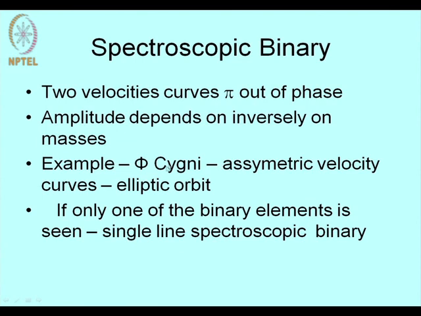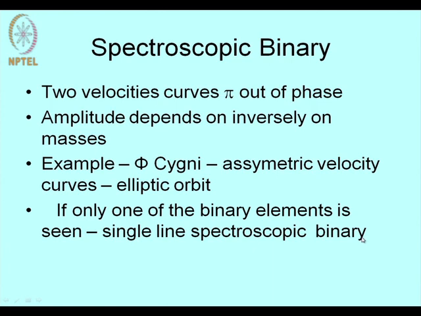And there are situations where only one of the binary elements is seen in the spectroscopic line, and these are called single line spectroscopic binary.